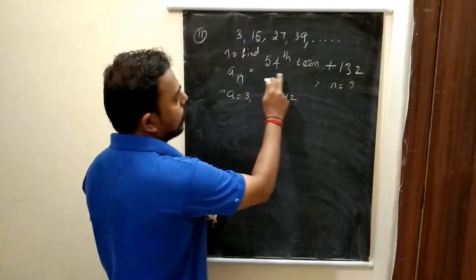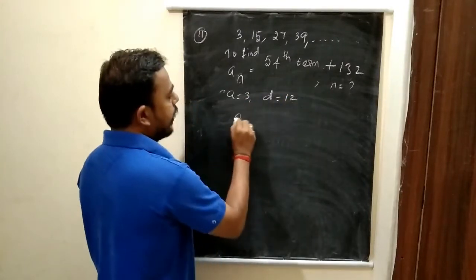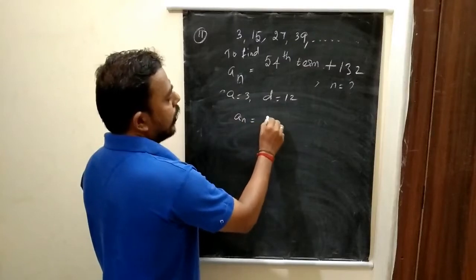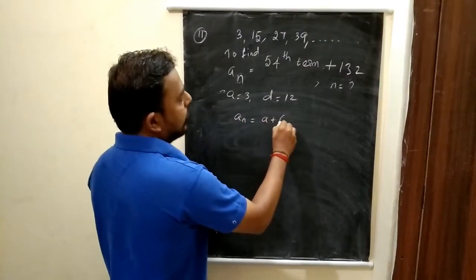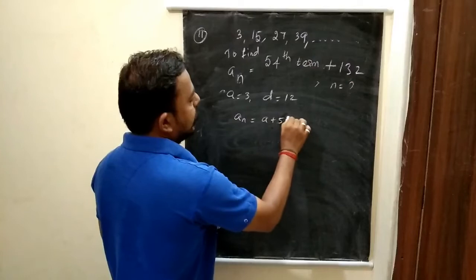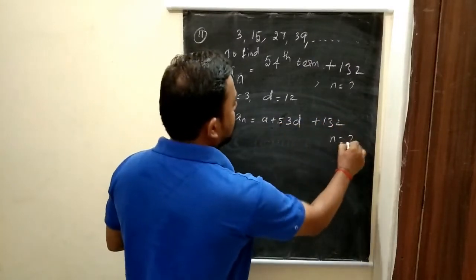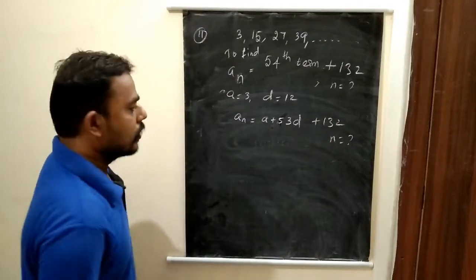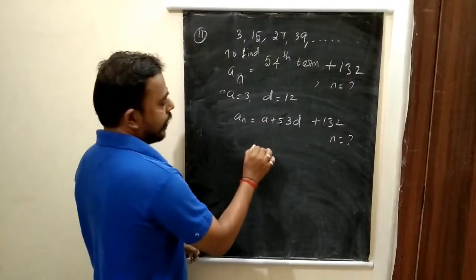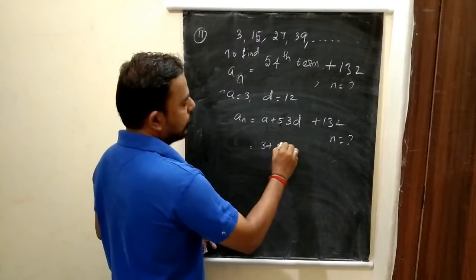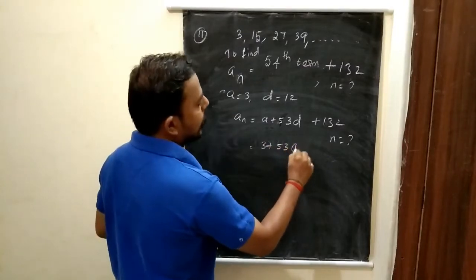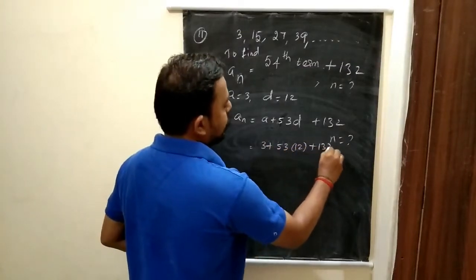For that, the 54th term plus 132, that is an equals a plus 53 into d plus 132. For that, n equals what? This is the actual question. And before that I have not added the 132. So anyway, 3 plus 53 into 12 plus 132.